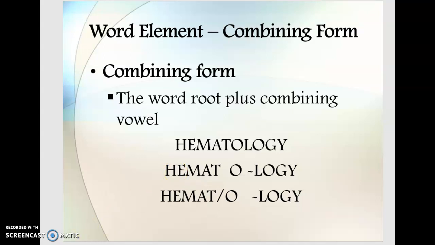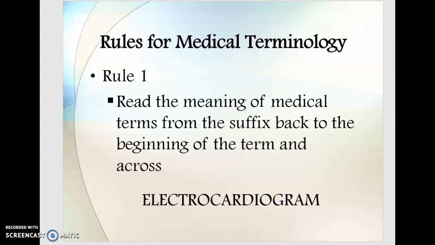So those are all the word elements that you have, but we actually have some rules. And this is where I think that the book really misses, because these rules aren't covered, but these rules are incredibly important for how we put medical terms together. Okay?